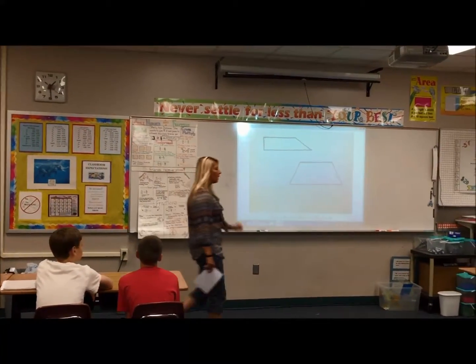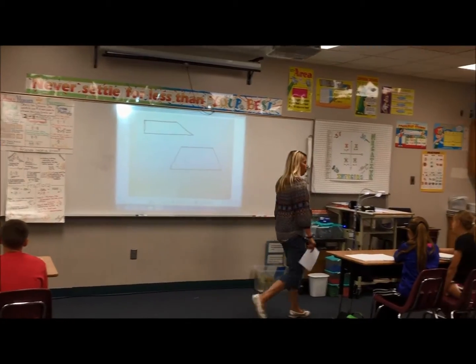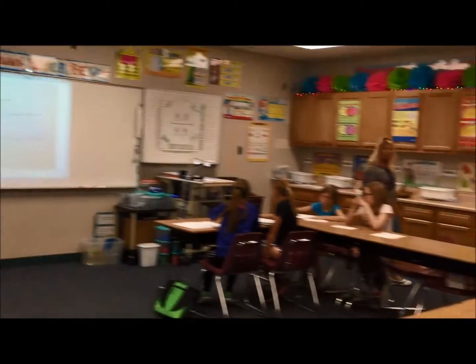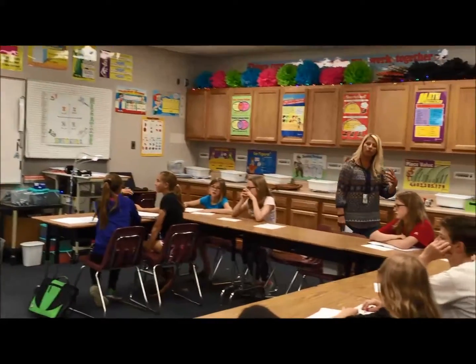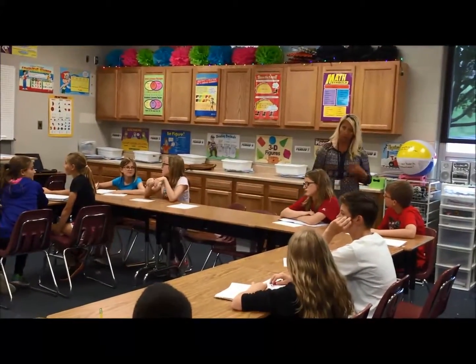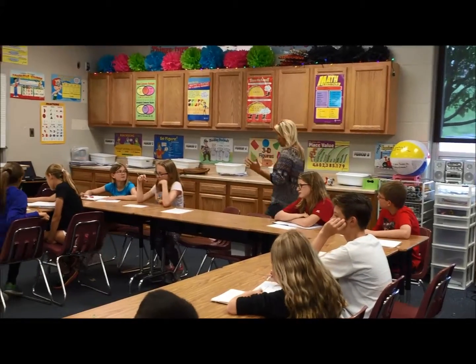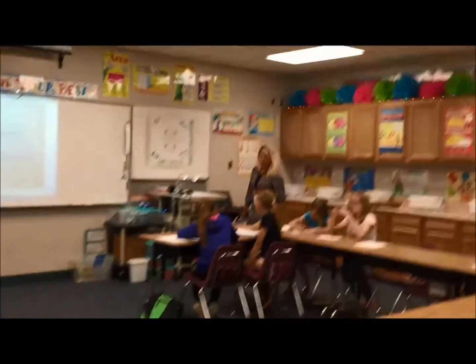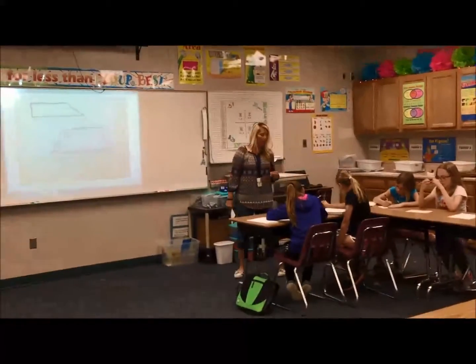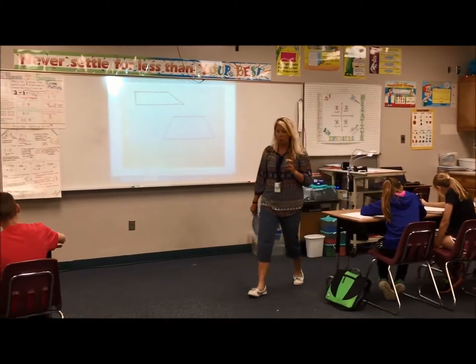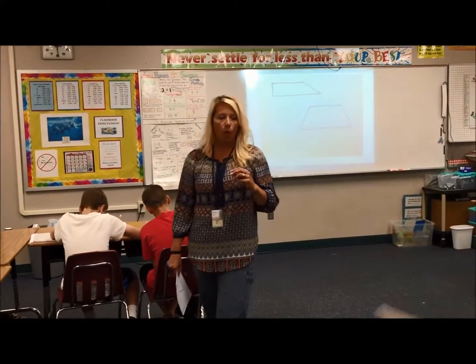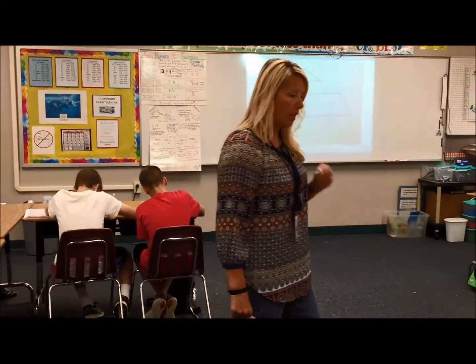Okay, so taking a look at that, we want to come up with a formula. Now think about what you did with the triangle to find the formula. We just did it. Use what you know to try and come up with an expression, a formula that you can use for the area of these trapezoids.